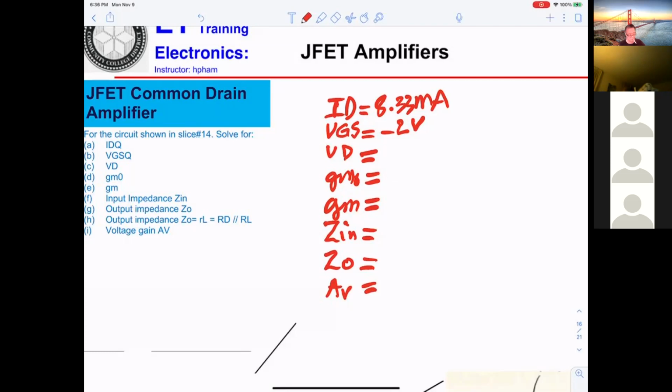VD equals VDD, so it's 10 volts. gm0 is 3.75.